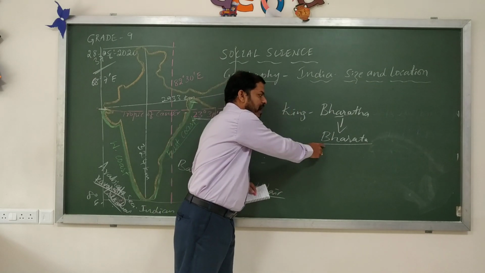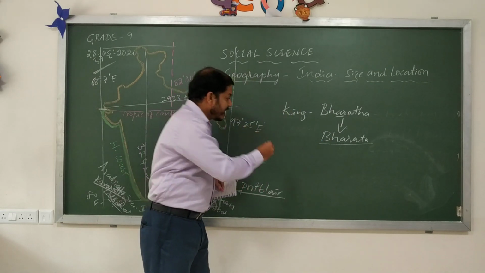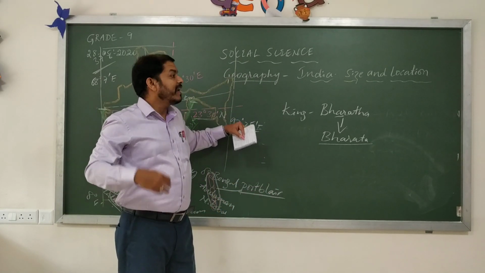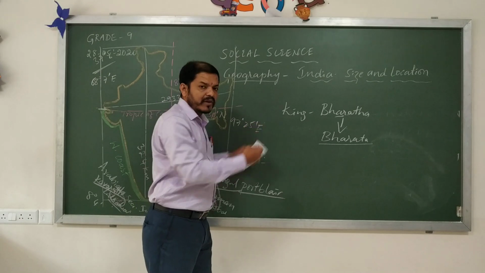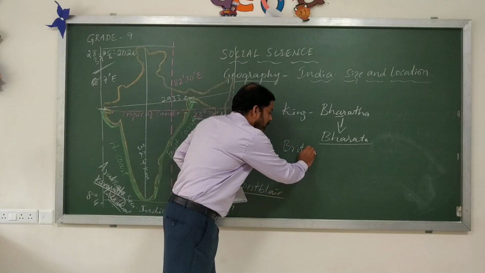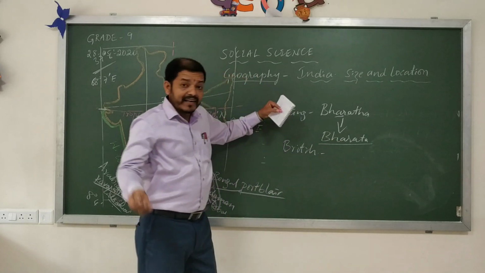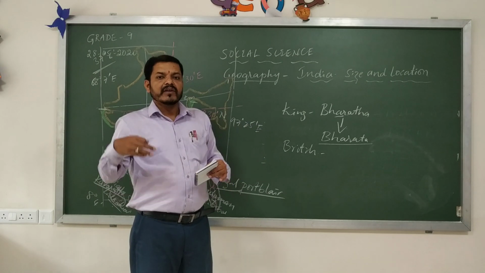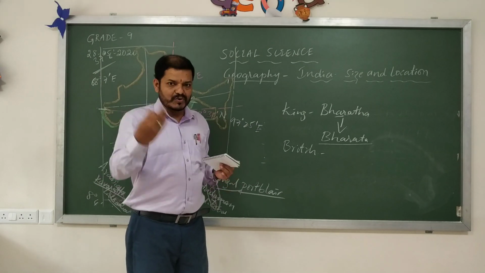It became Bharata. And later, after some time, the same landmass was called by a different name, India. How? Because of the foreign people, the British, who entered the country and said this is the land where the river called Indus flows.